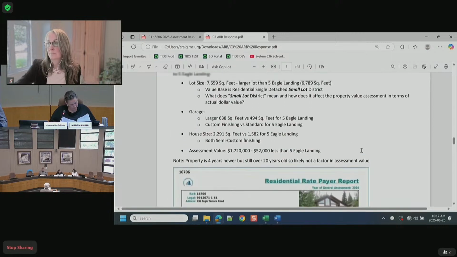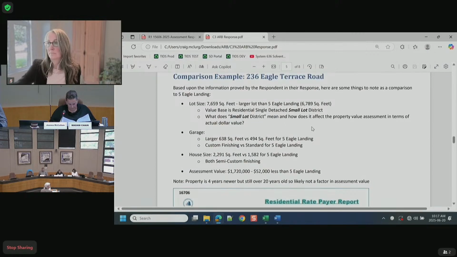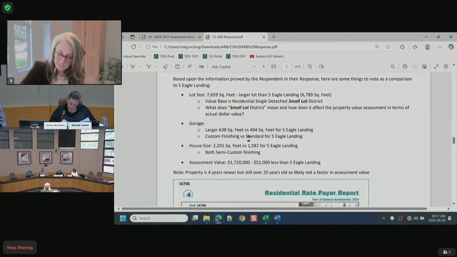Well, if it's in a small lot district, but its lot size is bigger than mine, I'm not sure how that makes sense. And I'd also like to know, what does that small lot district property assessment value mean in terms of dollars? The garage is 638 square feet, which is much larger than 5 Eagle Landing. And it's got custom finishing as opposed to standard finishing for 5 Eagle Landing.